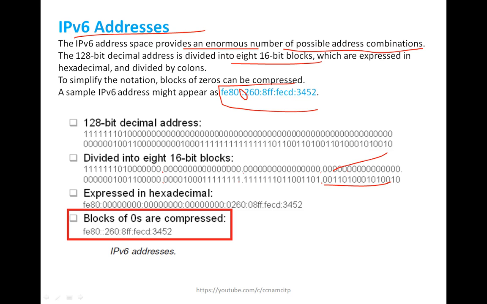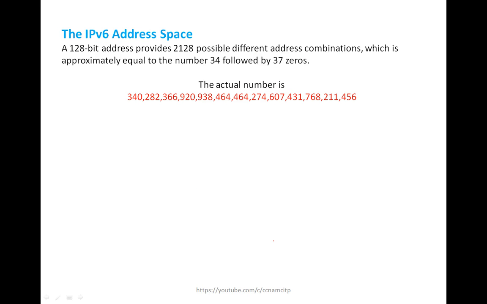So eight blocks of 16 bits, expressed in hexadecimal. This is how we can convert to hexadecimal. And blocks of zeros are compressed, so all-zero blocks can be compressed. How to do it, I have uploaded a couple of videos in my previous videos, so if you wish to, you can go through my channel and find them.